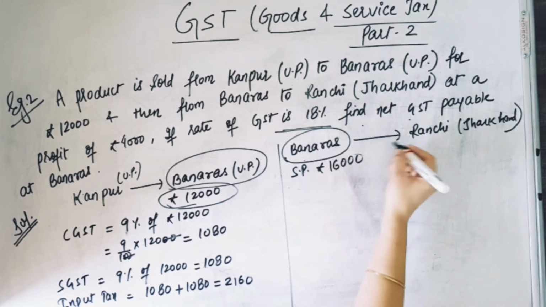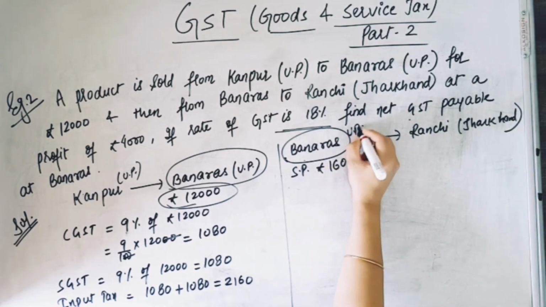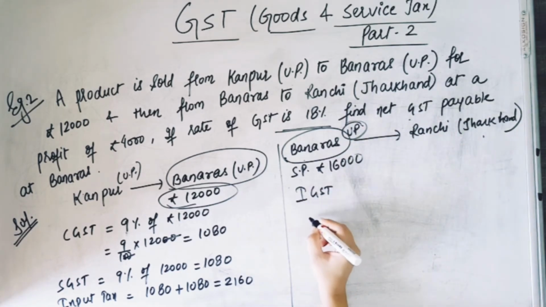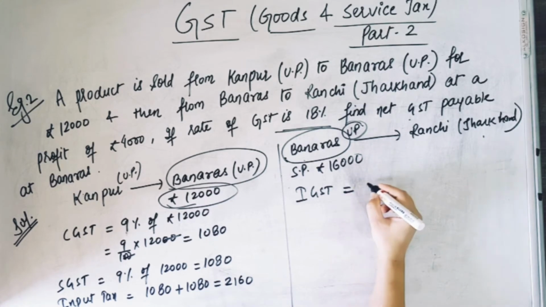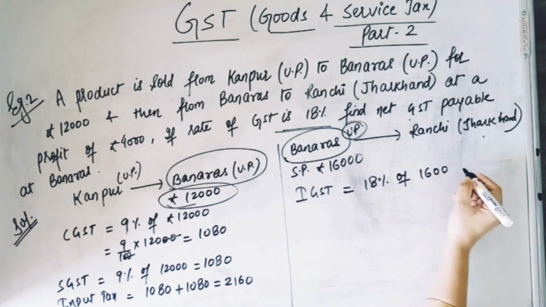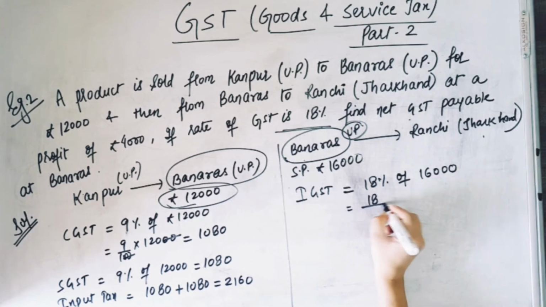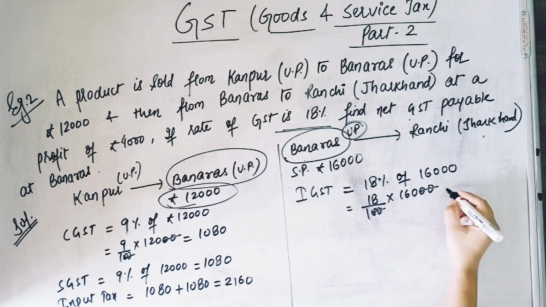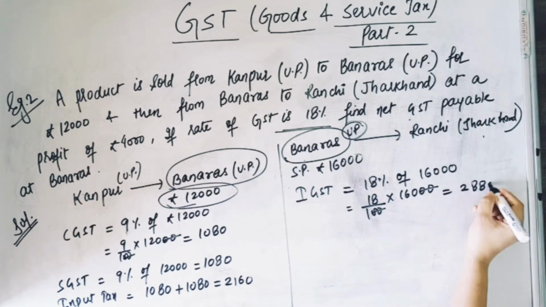In this case, because the state is different, this is UP and this one is Jharkhand, so we'll apply what? IGST. Here IGST will be what? 18% of 16,000. Thus 18 by 100 into 16,000. So we'll get 2880.